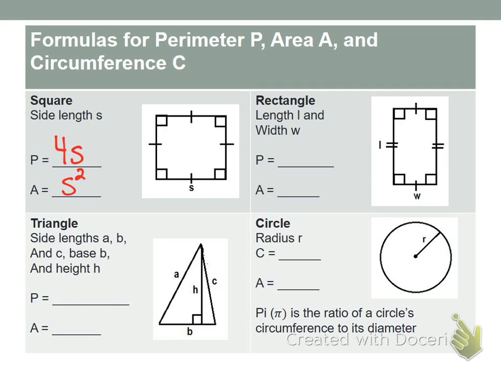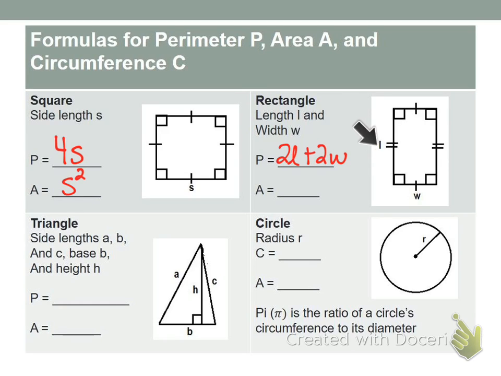All right, a rectangle we might even be more familiar with. If we're labeling the length L and the width W, how do we represent the perimeter? Good, 2L plus 2W. When I write my L's, I usually do lowercase cursive L's, just so that they don't look like ones.